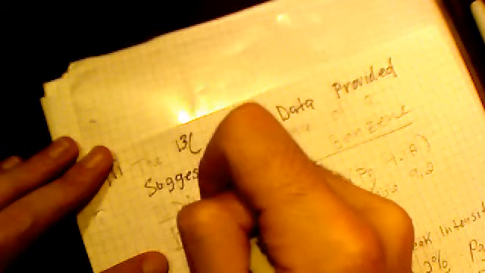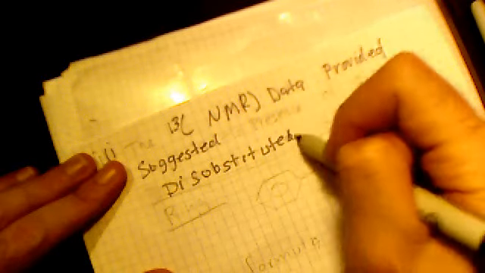And then the third part of the question I got right. The 13C NMR data provided suggested the presence of disubstituted benzene rings.